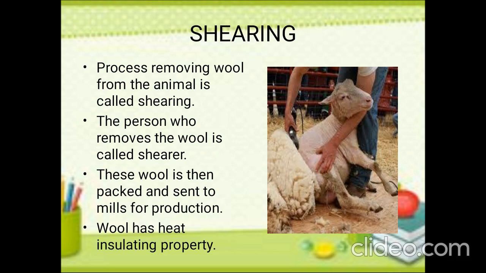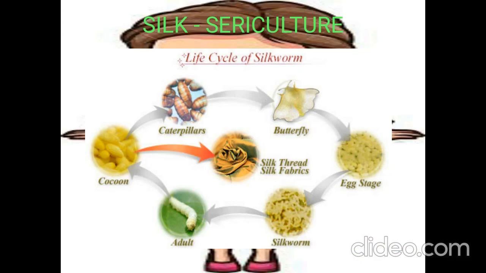Then we saw about silk. Silk can be obtained from cocoons of the silkworm. In the process of obtaining silk fabric, we undergo the process namely sericulture, right? The process of cultivating silkworms is known as sericulture.